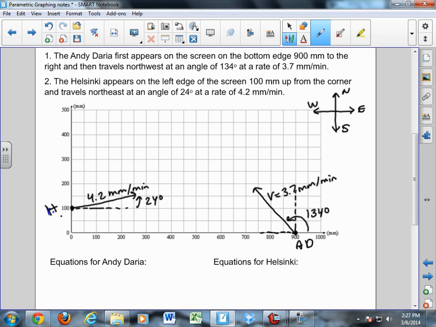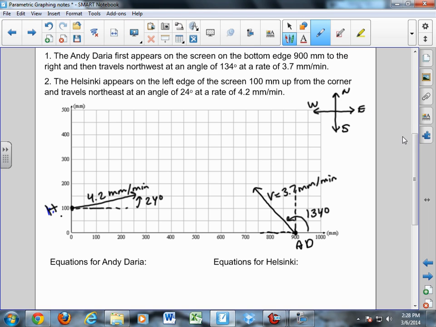In navigation, usually north is 0 degrees, east is 90, south is 180, and west is 270. So I'm not going to switch things up on you. We're going to do the same kind of angles we have been doing. That would be bearing, and actually bearing's worth studying, but I'm not going to do that right now. Just letting you know, though, that probably you would be using 0 as north if you were really doing a navigation problem.